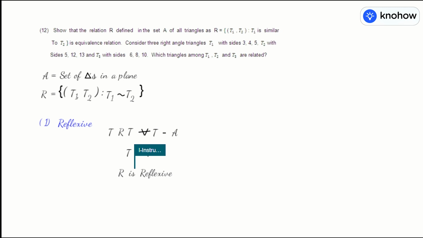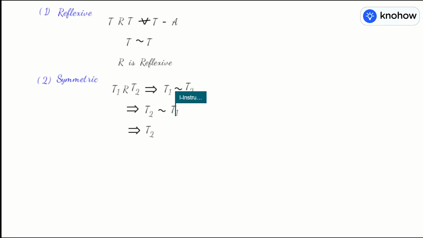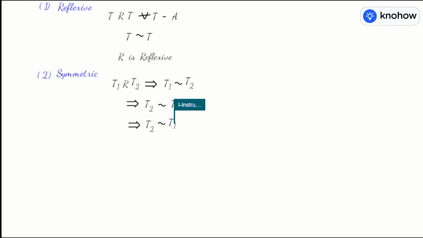Now, number 2, let T1 be related to T2, meaning T1 is similar to T2. Do you know this is the symbol for similar triangles? If T1 is similar to T2, obviously T2 is similar to T1, or T2 is related to T1. So we can conclude that the relation is symmetric.